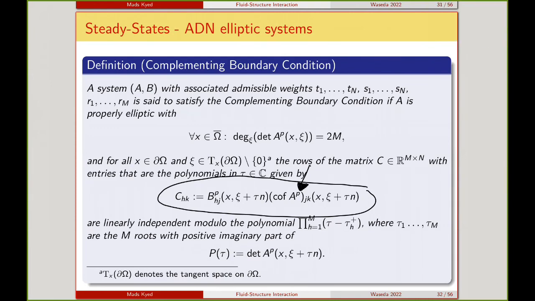This is what Solonnikov was trying for so many years: to find some notion of ellipticity that carries over to the parabolic case. But for the Stokes system, due to the pressure, it's apparently not really elliptic. So you cannot use this for Stokes, I guess.